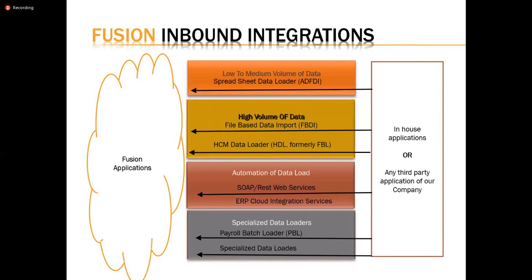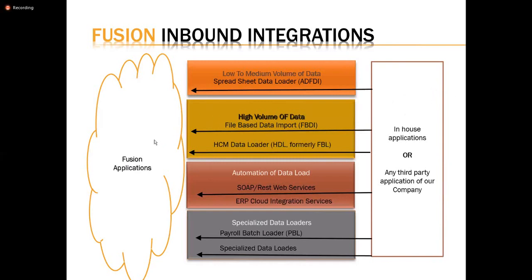So the real mechanism of loading the data into the base tables is: file, interface table, and the base table. So it is file, job 1, job 2. Basically that's the way we load the data into the Fusion applications.